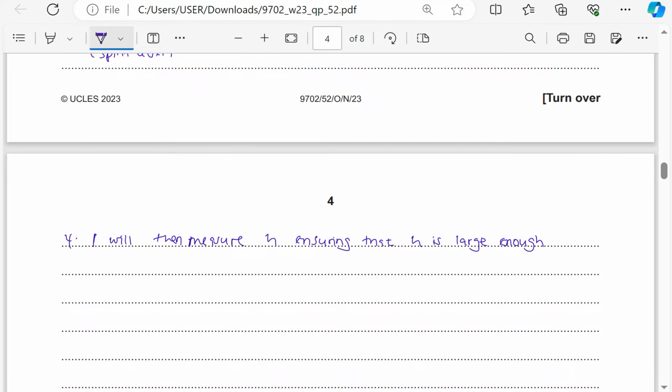So I'll then measure H, of course, from the ruler. I can't be credited again for measuring H using a ruler because I've already been credited for the ruler in the diagram.